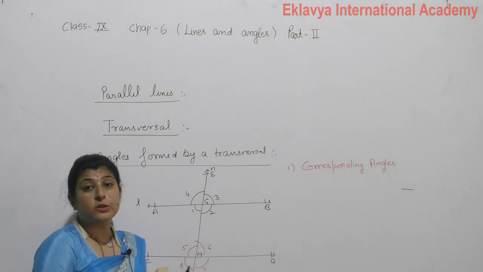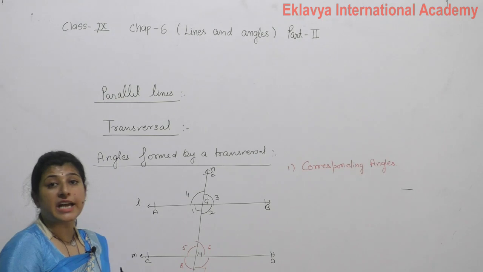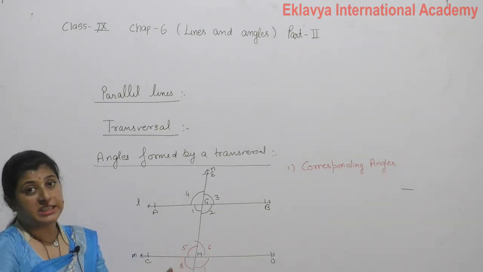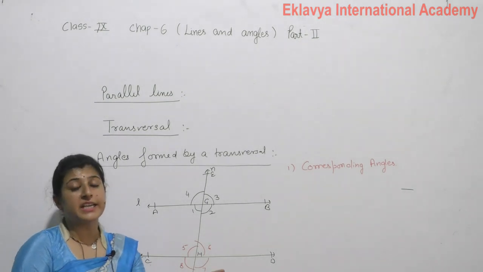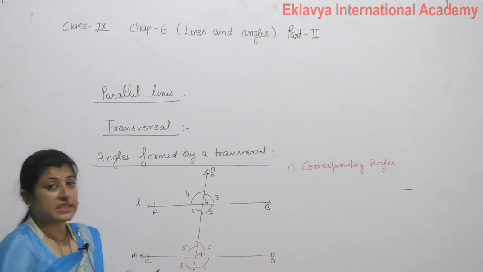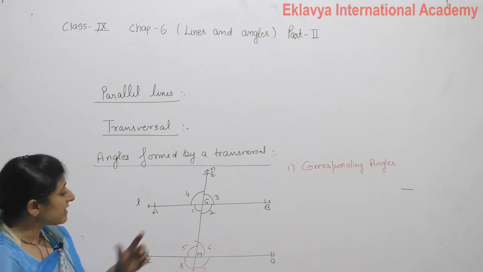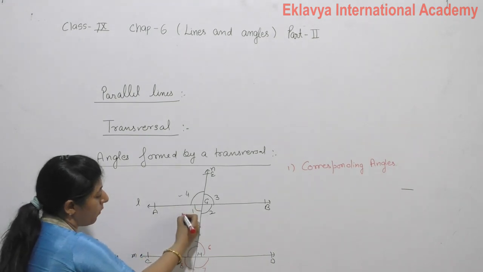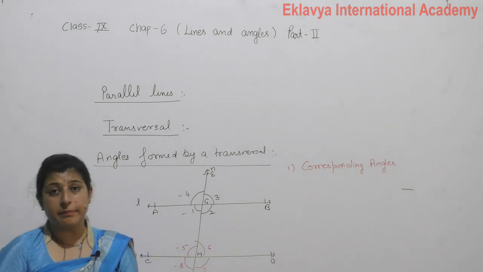Corresponding angles are those angles which lie on the same side of the transversal, and a pair of one exterior angle and another interior angle, or maybe one interior angle and another one exterior angle. See, in this I am talking about the same side of the transversal. How many angles on the same side of the transversal? That is 4, 1, 5, 8. These 4 angles are here.